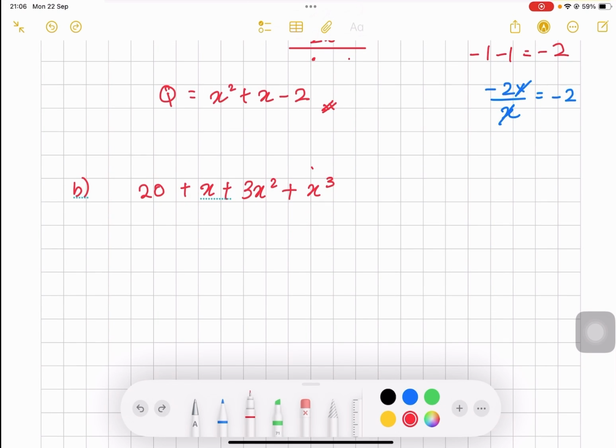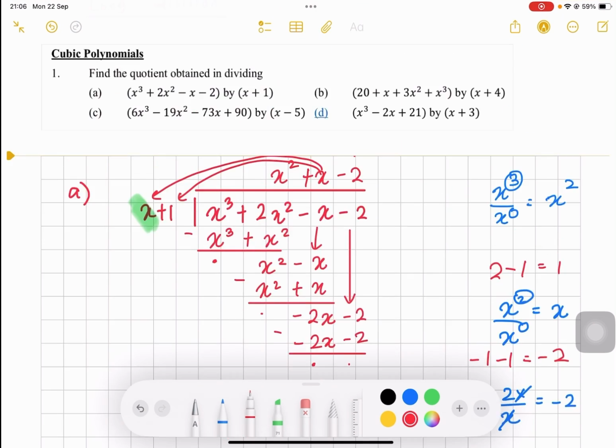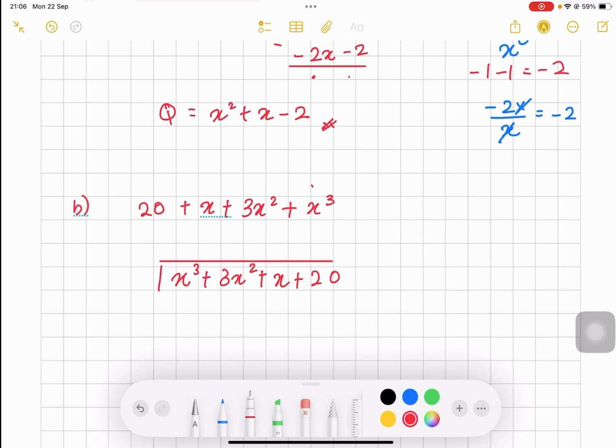Let's rearrange the polynomial: x power of 3, 3x power of 2 plus x plus 20, divided by x plus 4. Now you can perform your long division.